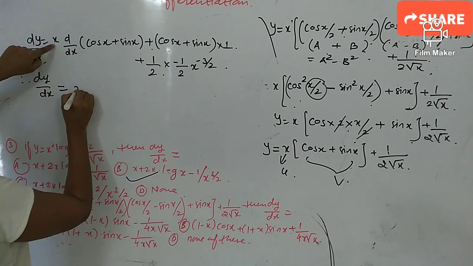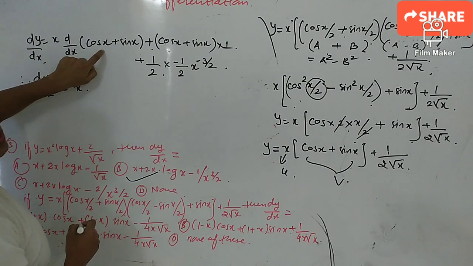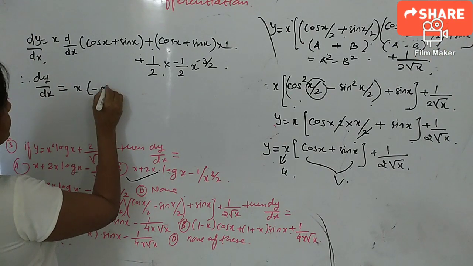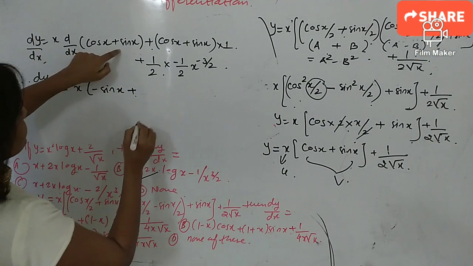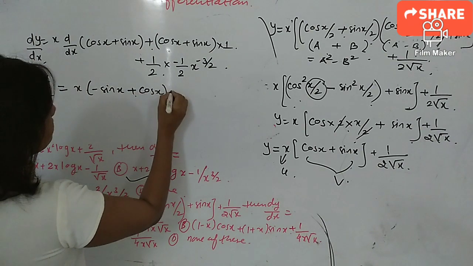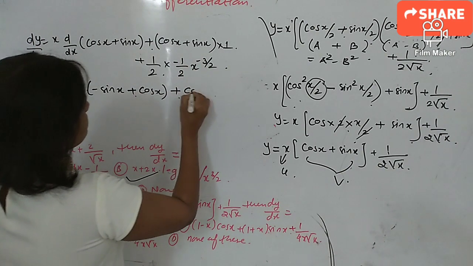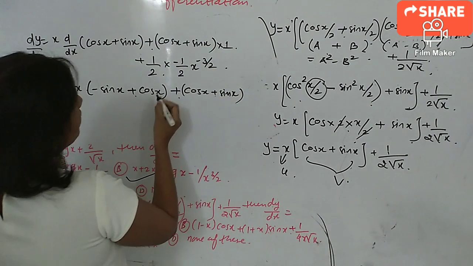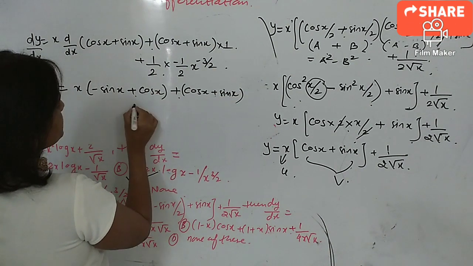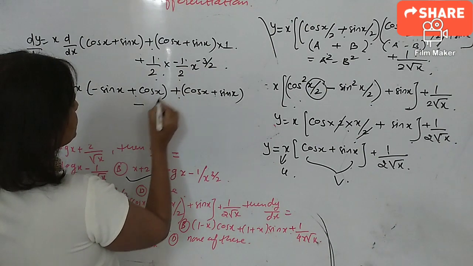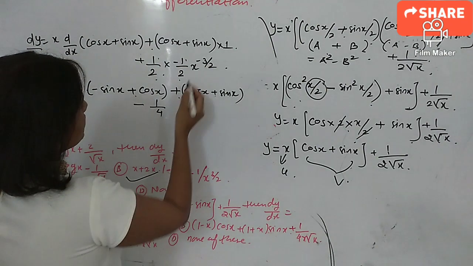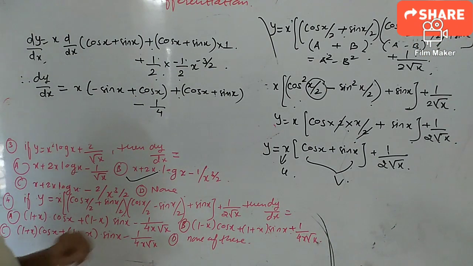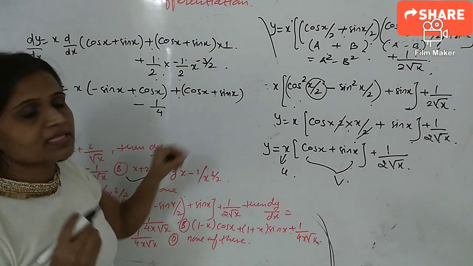So therefore dy by dx is equal to, okay, x as it is, d/dx of cos x is minus sin x and sin x derivative is cos x. Okay. This is cos x plus sin x as it is, and this plus into minus means minus 1 by 2 into 1 by 2, it is minus 1 by 4 and x to the power minus 3 by 2.